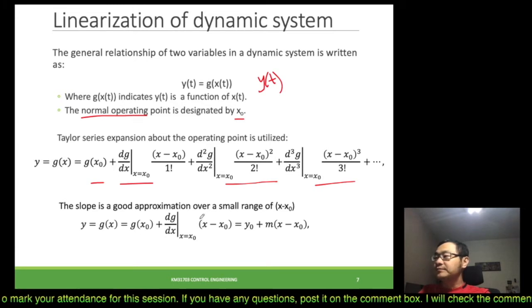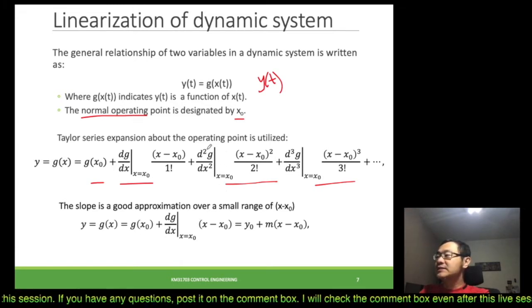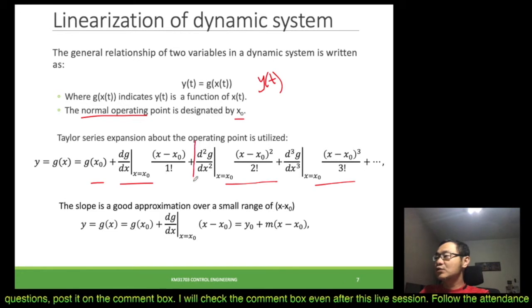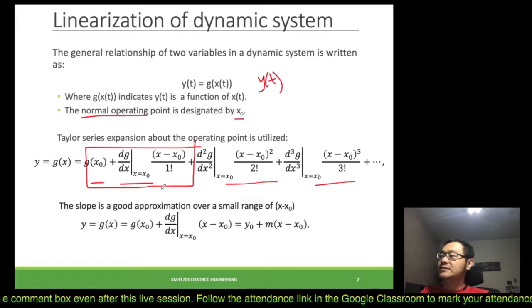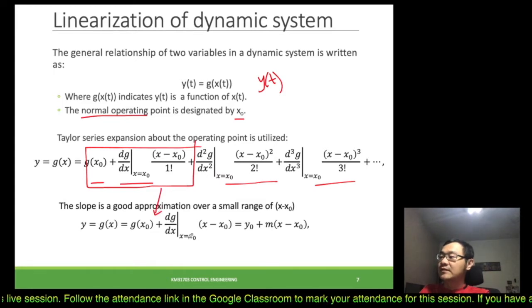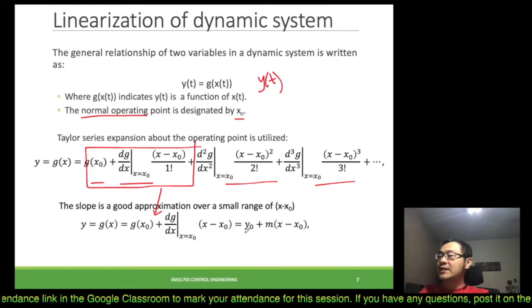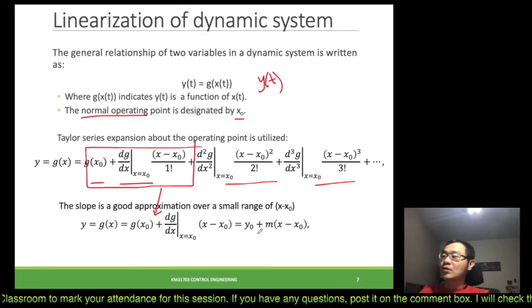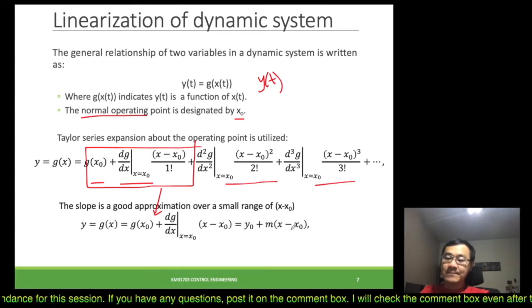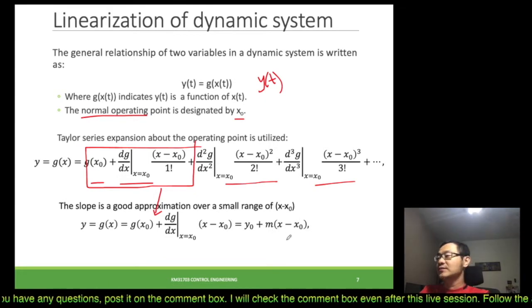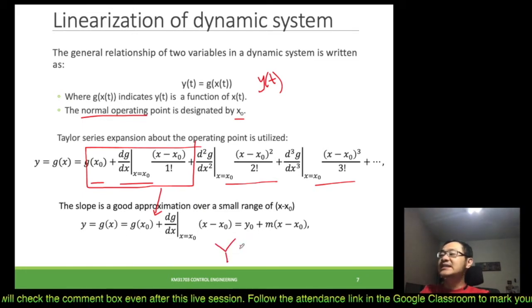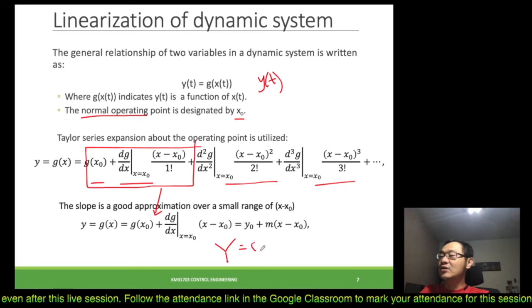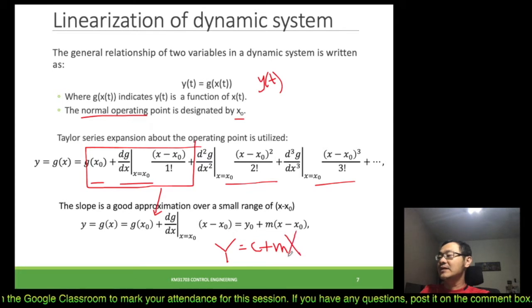Therefore, if we only consider the first two terms, as we always practice, we now get y equals y naught plus m times (x minus x naught). This is similar to a linear line, right, a constant plus m times capital X.